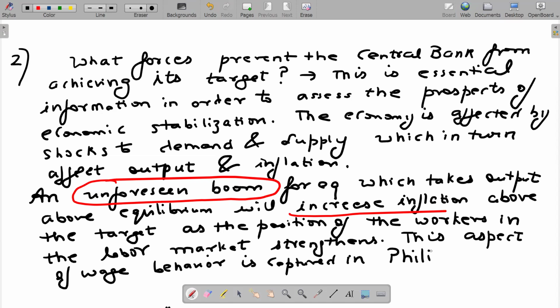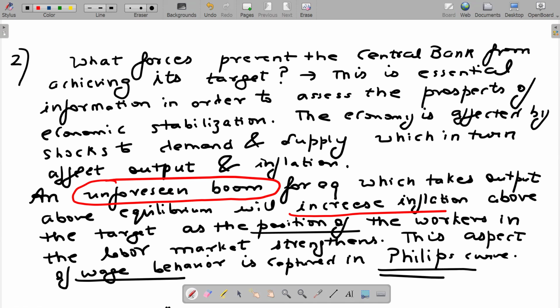This improvement in the position of the workers is captured by the wage behavior in the Phillips curve. Remember, when we were deriving the Phillips curve, we talked about the bargaining power of the workers. When there's an economic boom, it increases their bargaining power. They start asking for higher wages, higher cost of production, higher prices, and therefore inflation. So you can clearly see how the central banks will design their monetary policy depends upon the Phillips curve behavior.